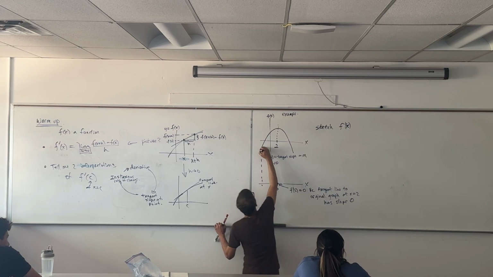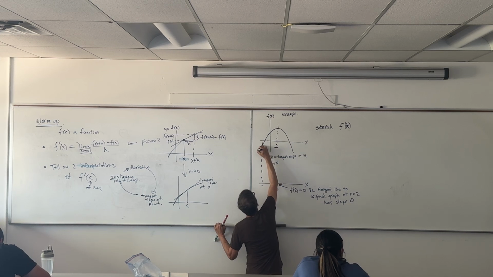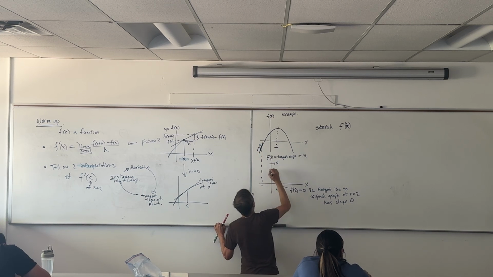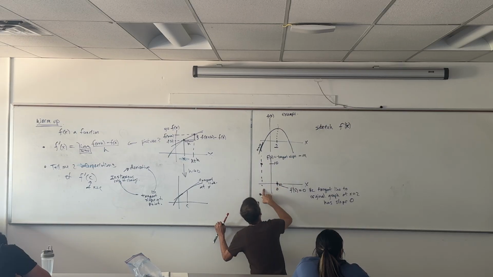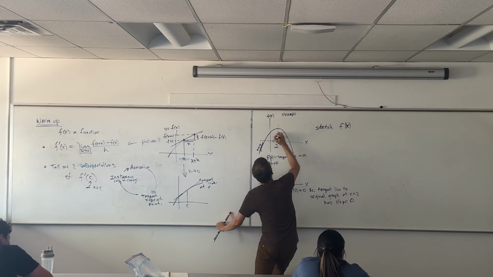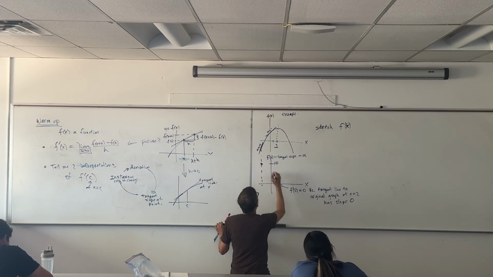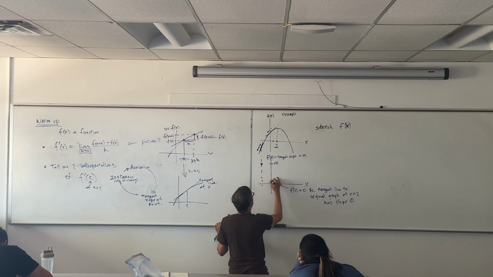So let's just put a little tangent line right there, and put m equals 10 on that guy. So I'm going to plot 10 right down here. And then let's say at 0, that looks kind of like a 1 maybe. So at 0, my slope is 1.